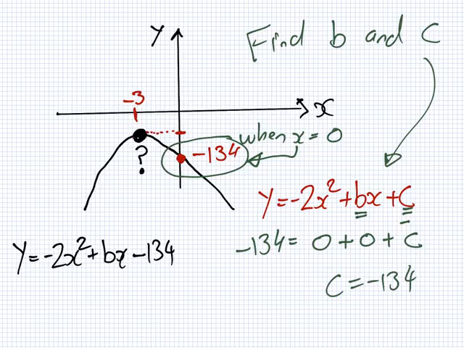Completing the square. That's how you find this, yes? So let's do that. Factor out minus 2. What's left here? x squared minus b over 2 x, yes, plus blah blah blah.